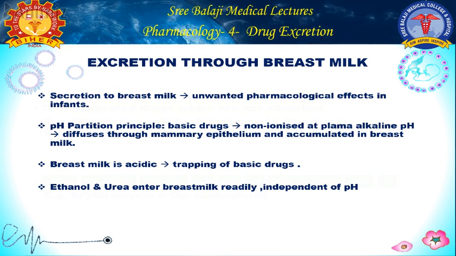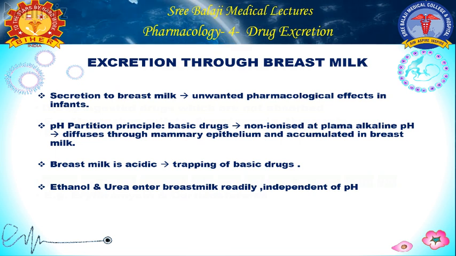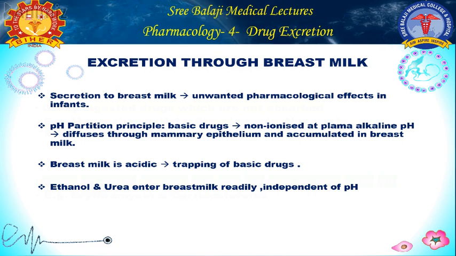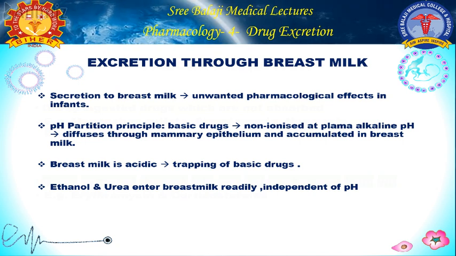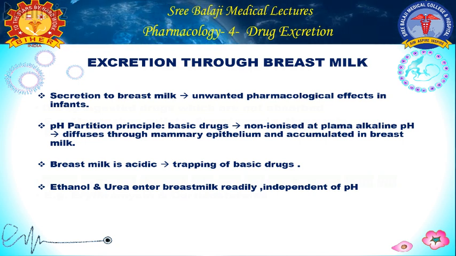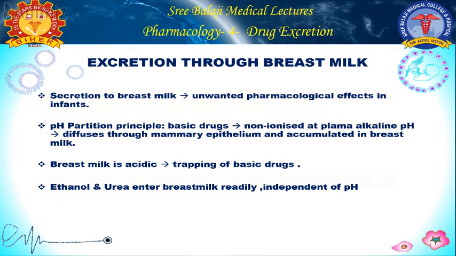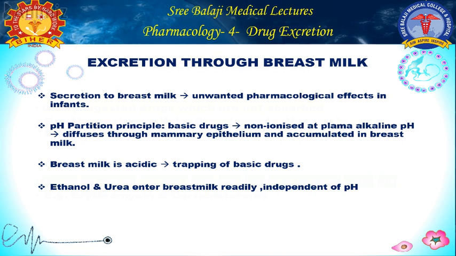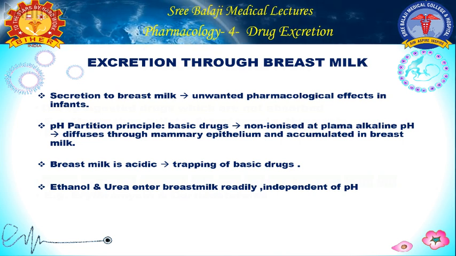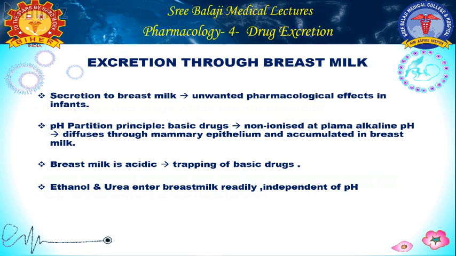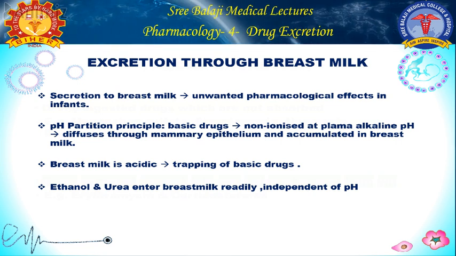Basic drugs will be non-ionized at basic pH, and our plasma is slightly alkaline, with a pH of 7.4, where basic drugs will be non-ionized. So they are ready to diffuse through the mammary epithelium and get accumulated in the breast milk. This breast milk is slightly acidic.